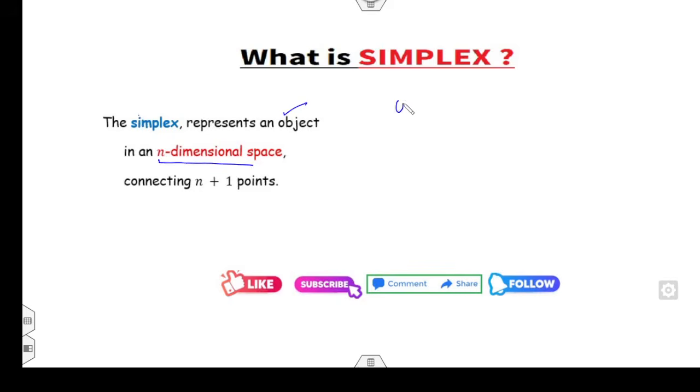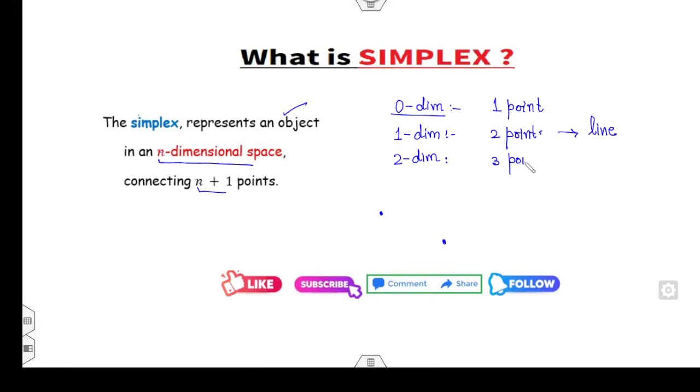For example, if I consider zero dimension, that means n is zero, so it is connecting 1 point. If I call it one dimension, how many points will it connect? 2 points. And you all know that if you join these two points, what is formed is a line. If you are in two dimensions, that is in R2, then you need 3 points. If you join 3 points, what is formed is called a triangle. Similarly, joining 4 points gives a rectangle, square, and so on.